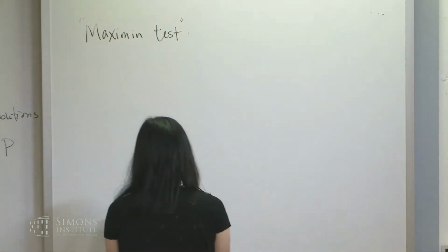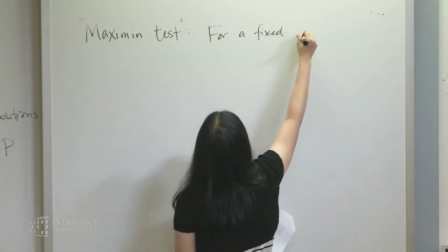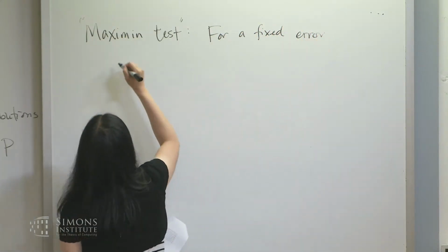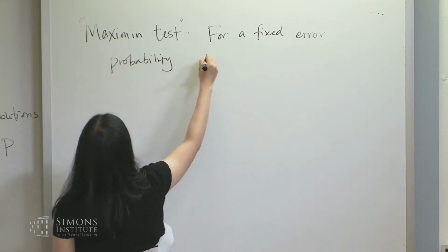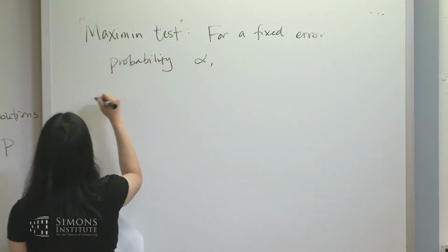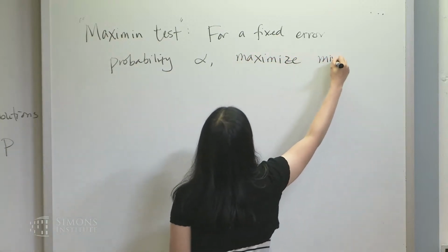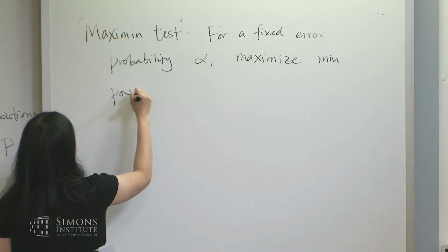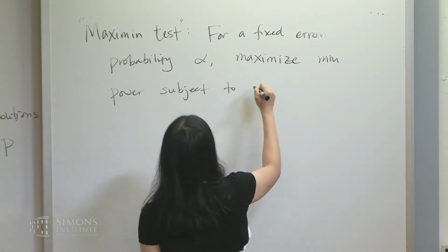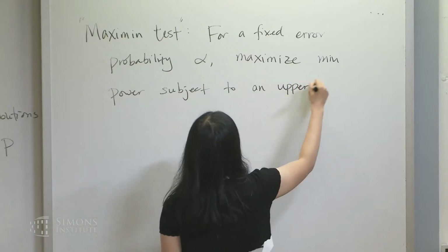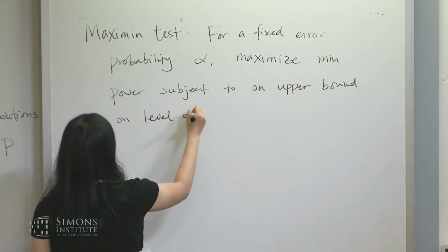The max-min test is, for a fixed error probability alpha, you want to maximize the minimum power subject to an upper bound on the level of significance.